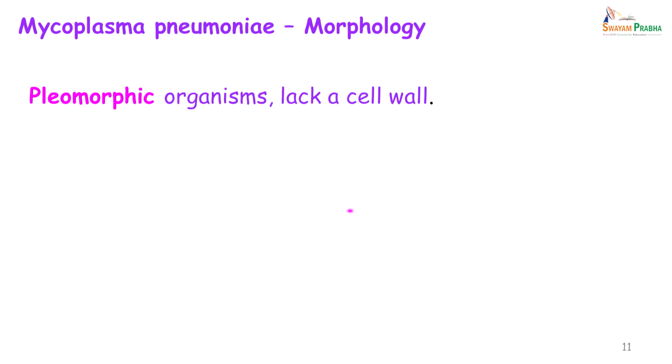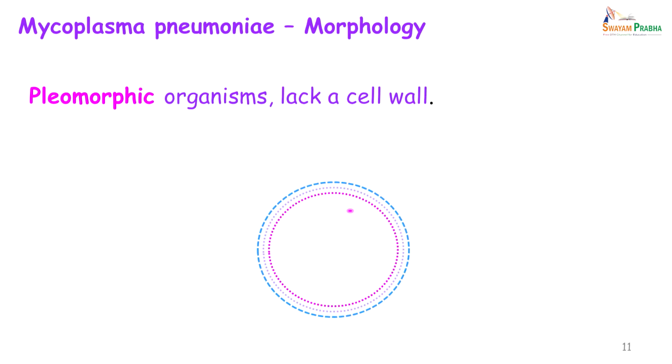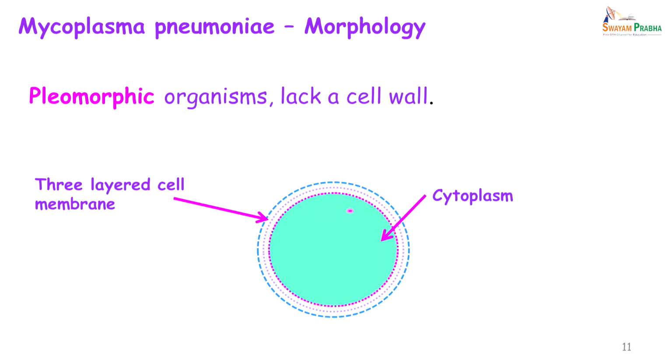Let us look at the morphology of Mycoplasma pneumoniae. These organisms are pleomorphic because they lack a cell wall, but be free to describe what it looks like. It consists of 3-layered cell membrane within which is the cytoplasm. Within this cytoplasm is the DNA.